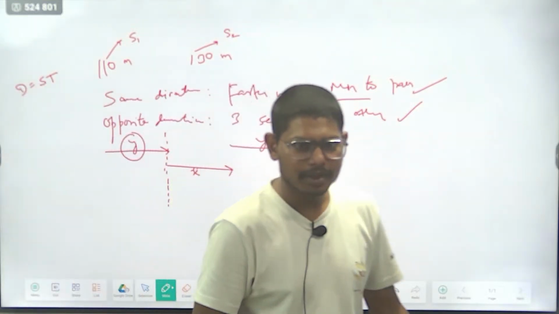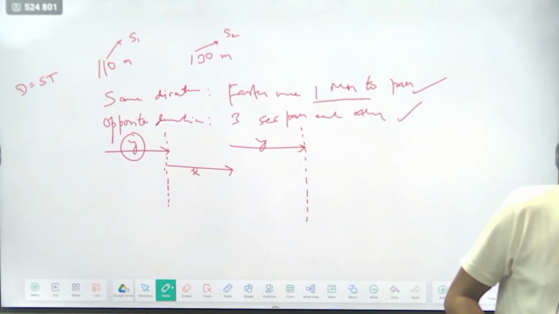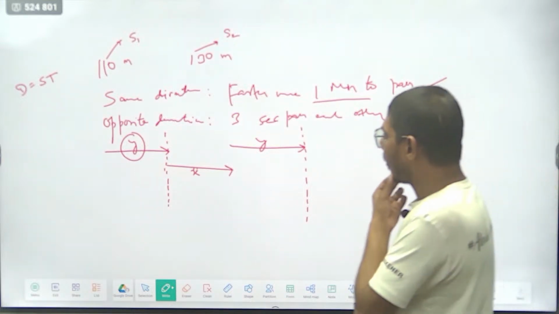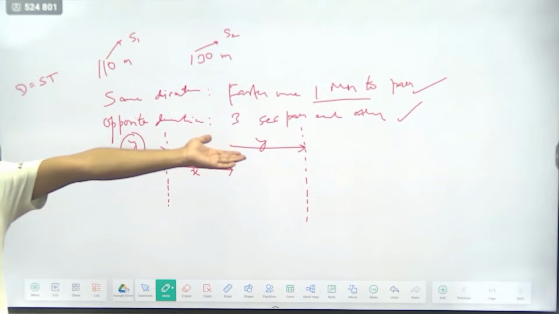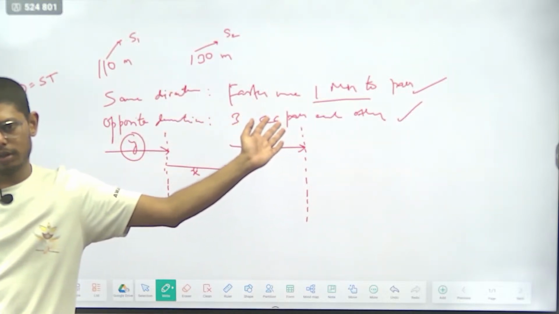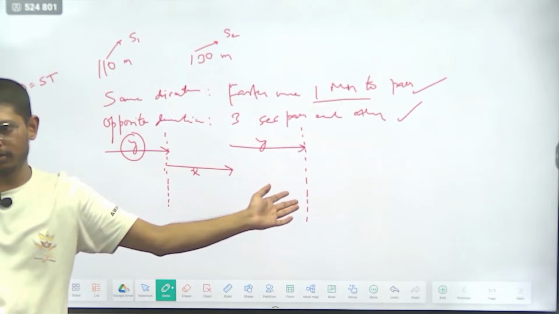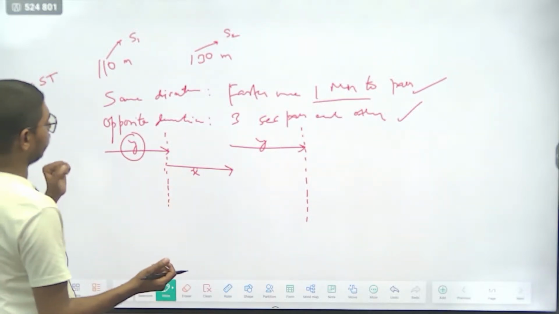Yes, that's right. So how much distance do these two trains have to travel so as to cross? x plus y. We have to add it. Now this is about the same direction, right?